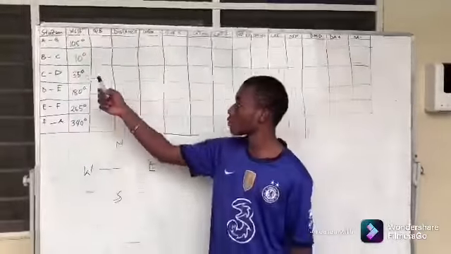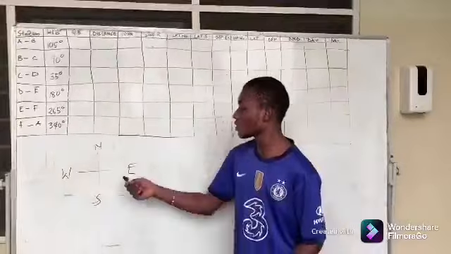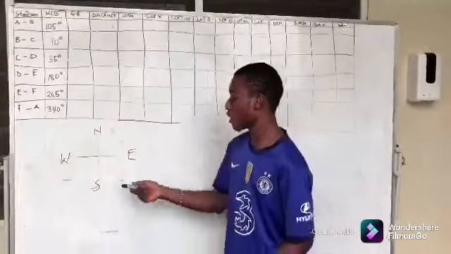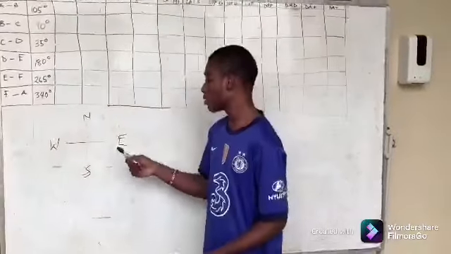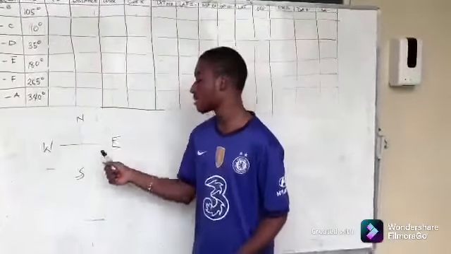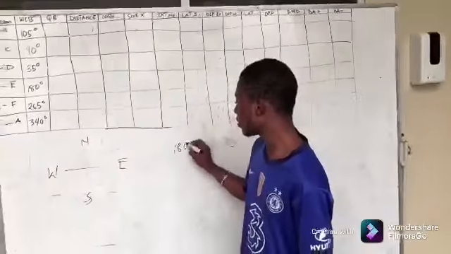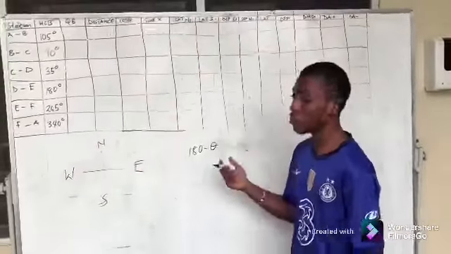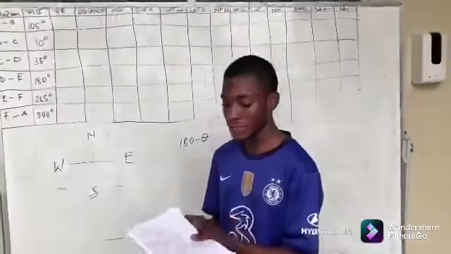So the first whole circle bearing was 105. So where is 105 included? It's at the second quadrant. That means it's more than 90 but less than 180. So the formula is 180 minus theta, or any variable you want to represent it. So 180 minus 105 will give us 75.